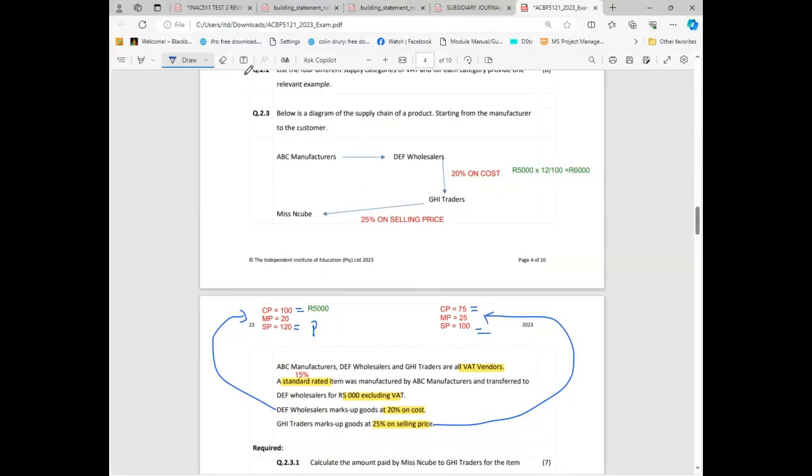Okay, since it's 6,000, where will I put it? It will go under or next to the 100. No. Remember, this is the cost of GHI. GHI bought from DEF for how much? For 6,000.